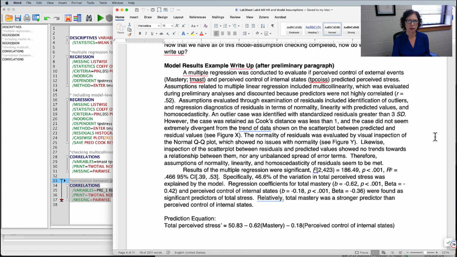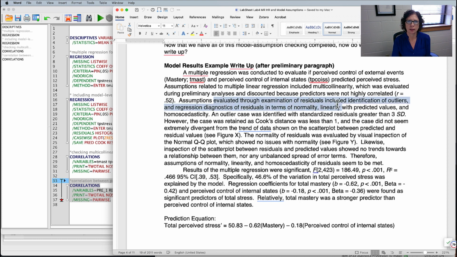So I started with: a multiple regression was conducted to evaluate if perceived control of external events, T-MAST, and perceived control of internal states, TP-COAS, predicted perceived stress. Assumptions related to multiple linear regression included multicollinearity, which was evaluated by looking at whether the predictors are correlated. And usually you're doing that during the first part of your preliminary look around.